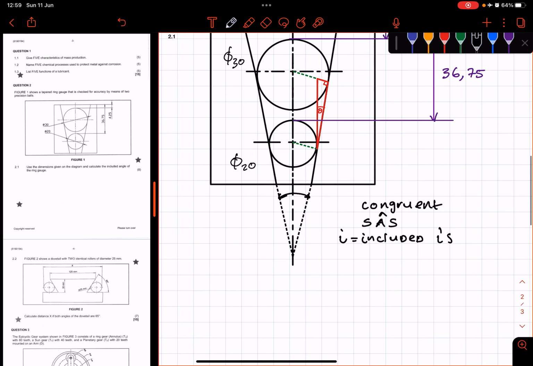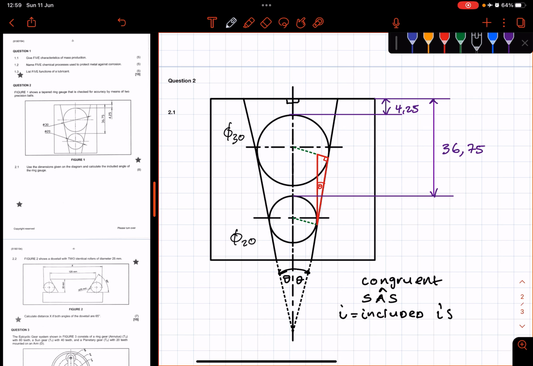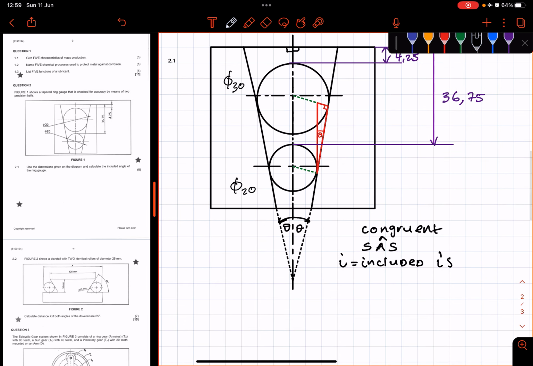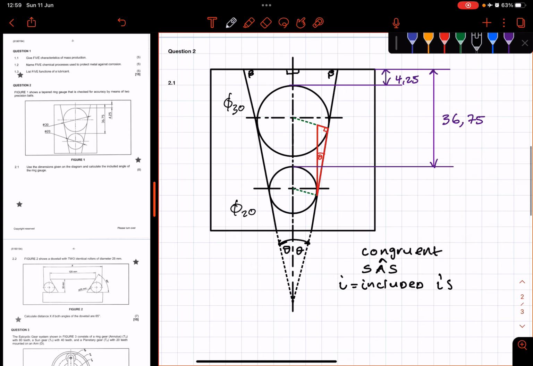If we name this angle theta, it means this angle is also theta. Again, both triangles are equal, or are congruent. Now if you have theta here, you have 90 as one angle. Let's call this maybe beta. If that's beta, it means that's beta as well.